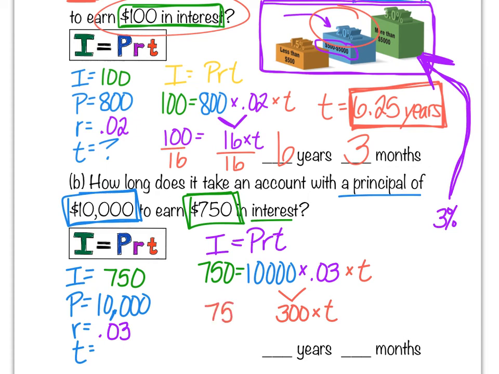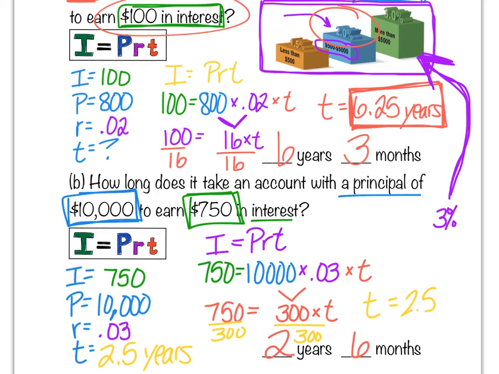I can go ahead and copy that 750 equals down. And then to get T by itself, we're going to divide both sides by 300. And 750 divided by 300 is 2.5. So our time is 2.5. So 2.5 years is how long it would take us to earn $750 interest. Now, that would be the same as 2 years, and then 0.5 is half, and half of those 12 months would be 6, right? 6 months is half a year. So 2.5 years is the same as 2 years and 6 months.